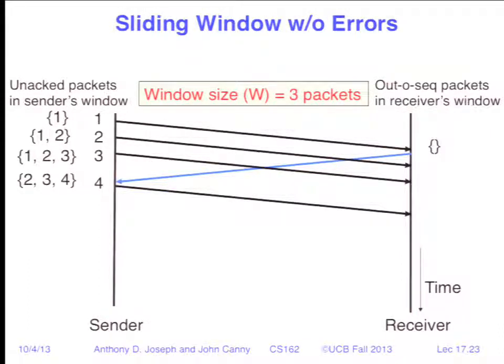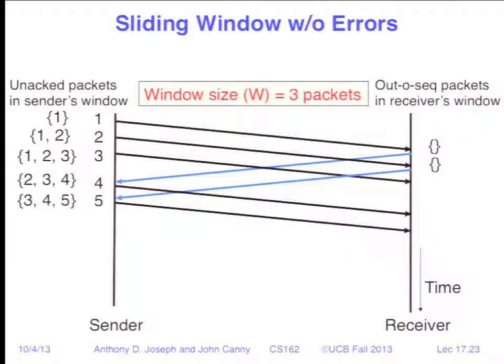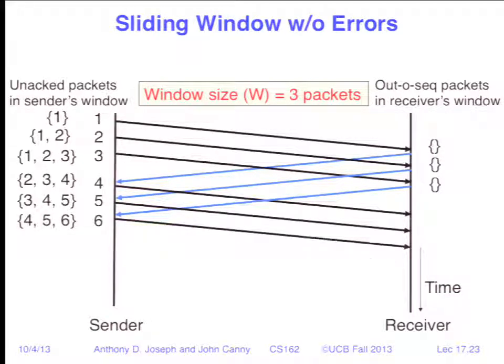Our window slides forward because we received the acknowledgement for 1, and this is only keeping track of unacknowledged packets. So now we receive packet 2 here. We send back the acknowledgement. Our window slides forward 1 more, becomes 3, 4, 5. And again, we receive packet 3, and our window slides forward to 4, 5, 6. And we can send 6.